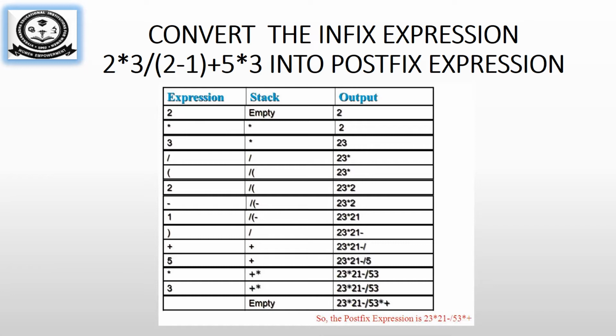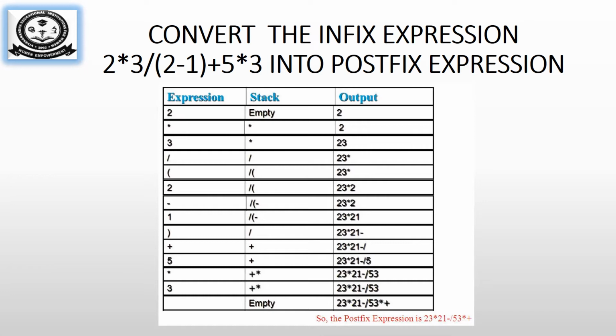You can see this middle column is the stack and the elements will be added in such a fashion. When 3 comes, only star is in the stack, and 3 will be printed as an output. When you come to slash, slash is a lower priority and star is a higher priority. So star will be popped out, then slash will be pushed into the stack.